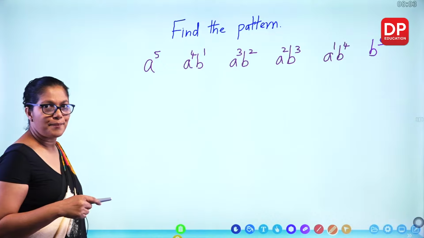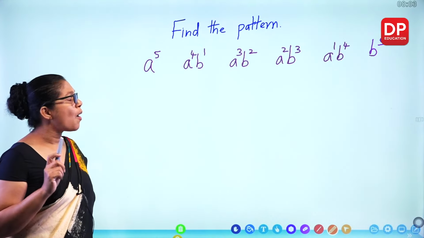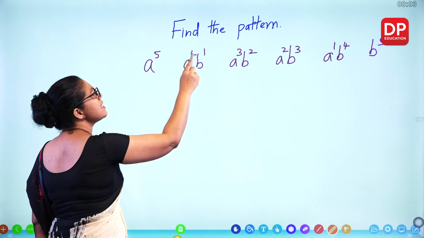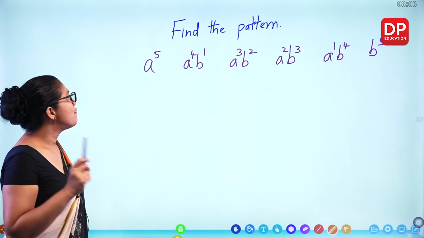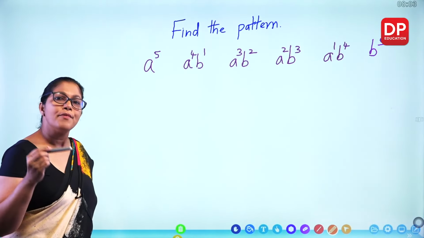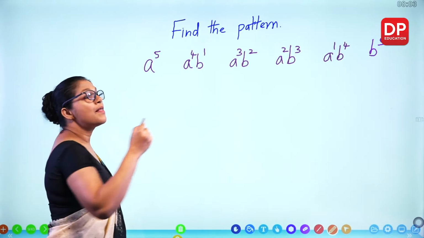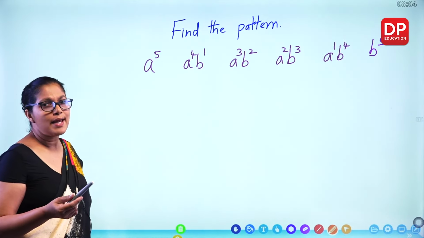And 5 again. So here we observe 3 things. When you add the powers, you are getting the same number. In the first letter, the power reduces by 1. And in the second letter, the power increases by 1.